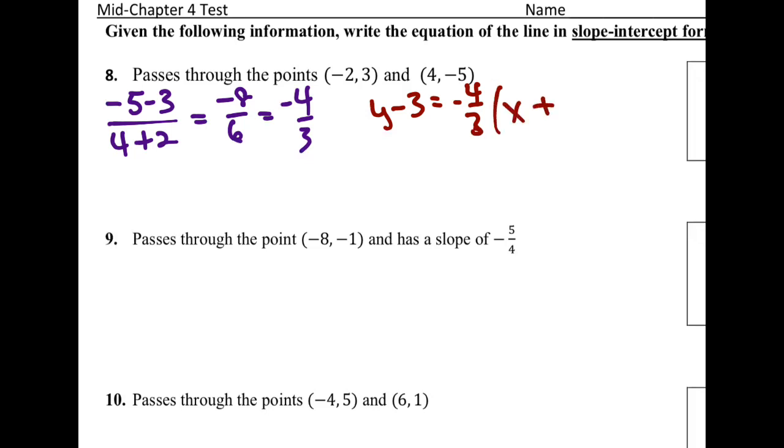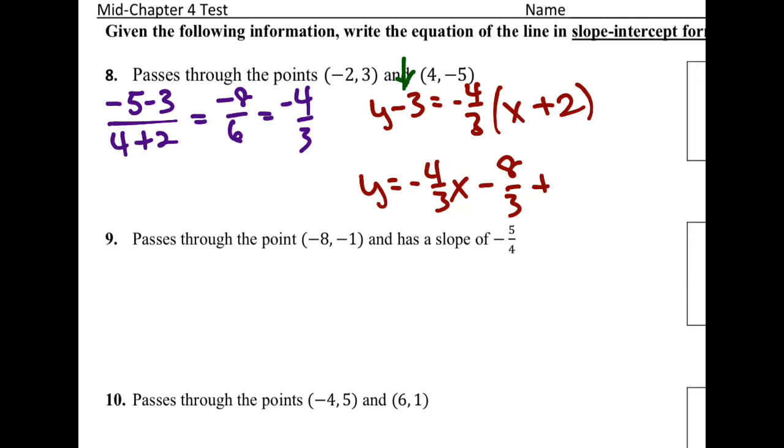times x minus x1. Okay, and so simplifying here, we've got y equals, so -4/3 x, and then distributing, gives us 8/3. Right, now don't lose track of this -3 that has to be added to both sides.